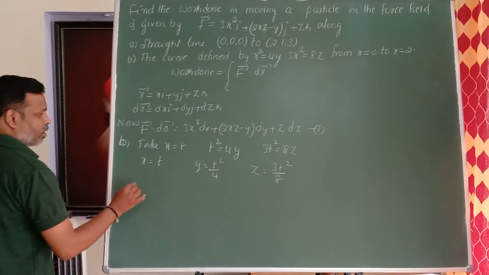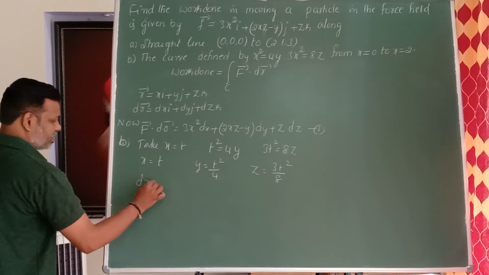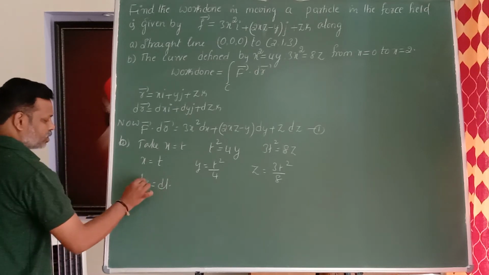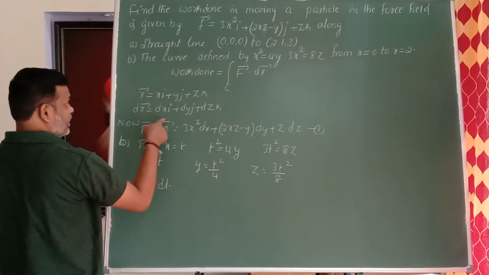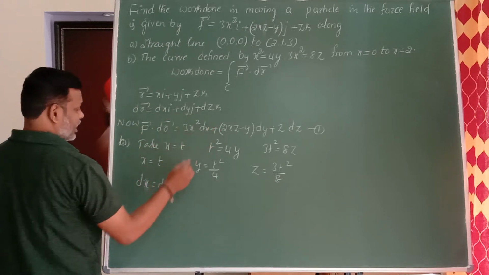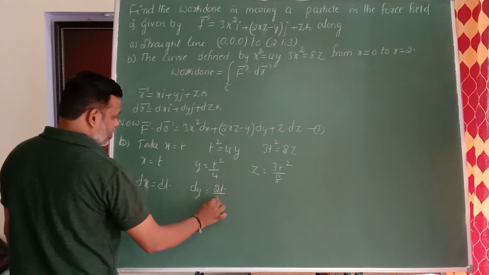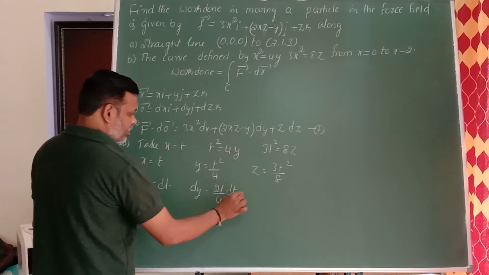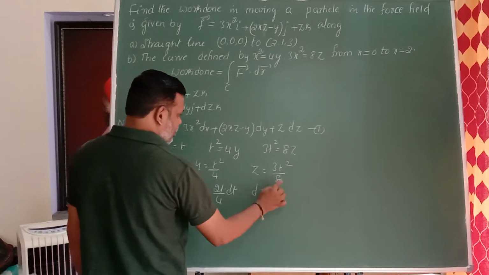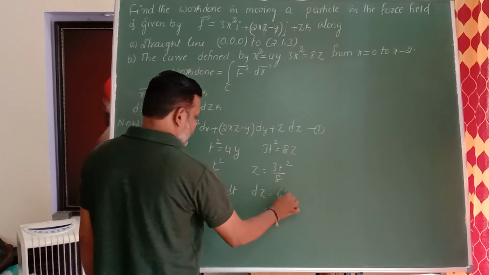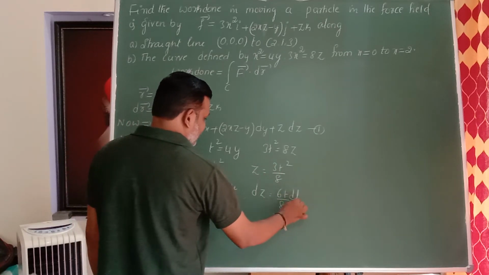We can take now dx is equal to dt. We want dx here, right? So dx, dy like this. dy is equal to 2t divided by 4, 2t dt divided by 4. And dz is equal to 3 into 2t, that is 6t, divided by 8, 6t dt divided by 8.